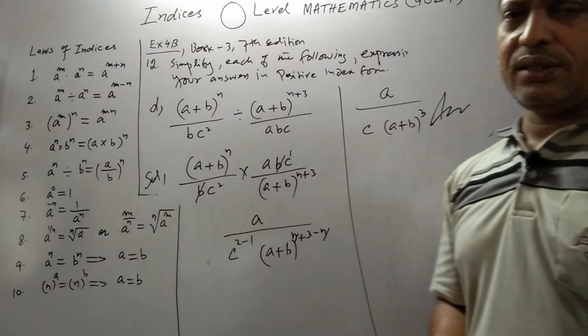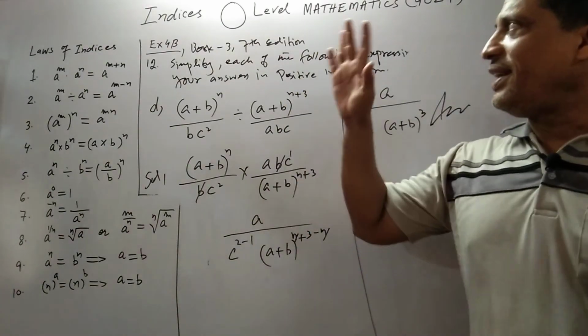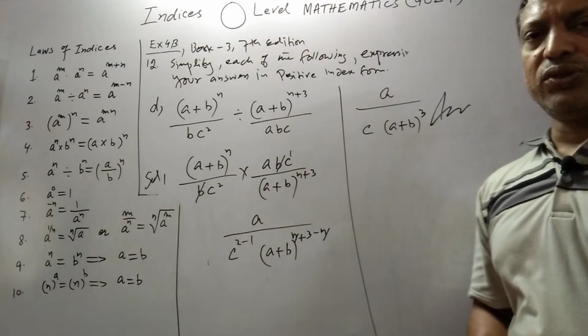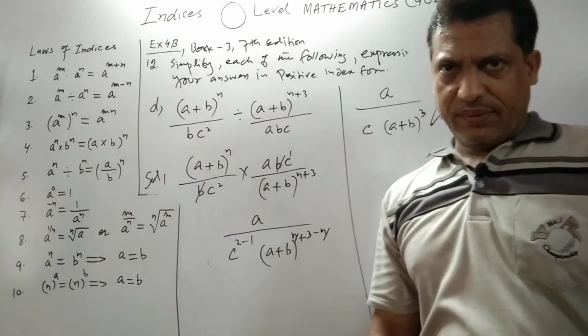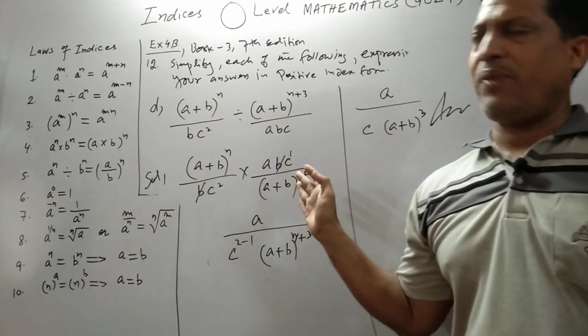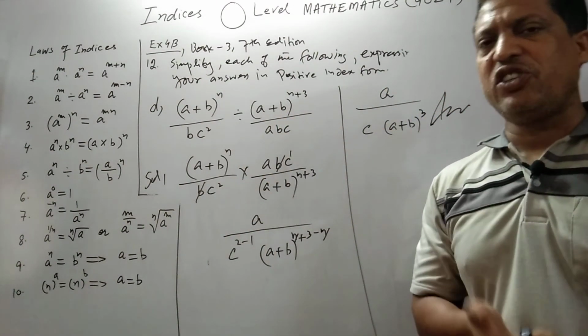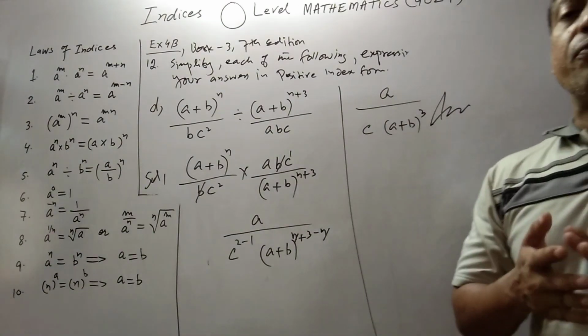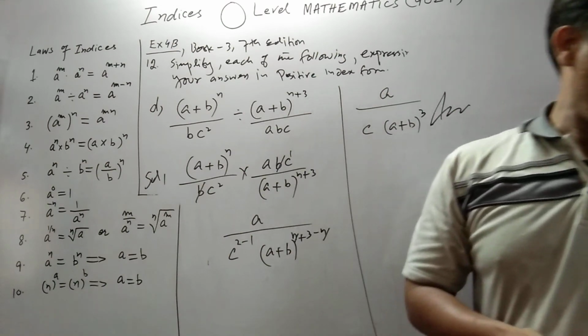So the next class will consist of past paper questions of indices. I will give 2 to 3 lectures for this topic from past papers, and I hope after doing so many questions from exercise 4a and exercise 4b, you are fully prepared to do past paper questions.